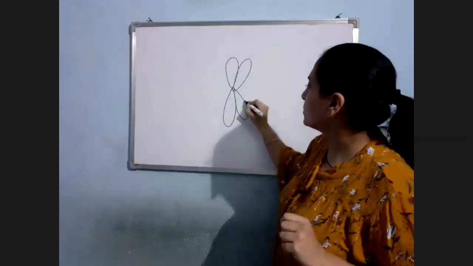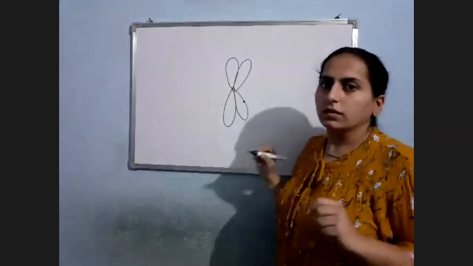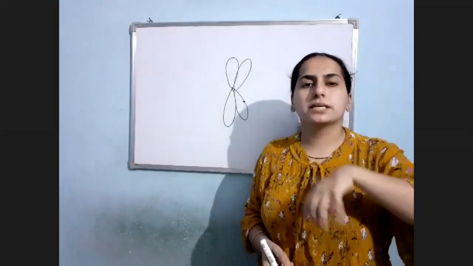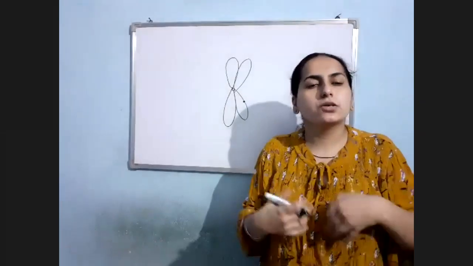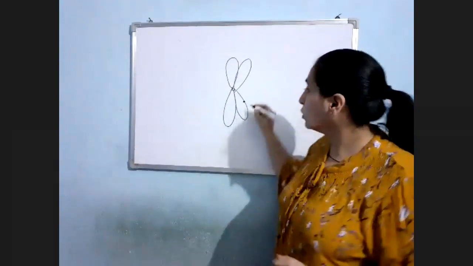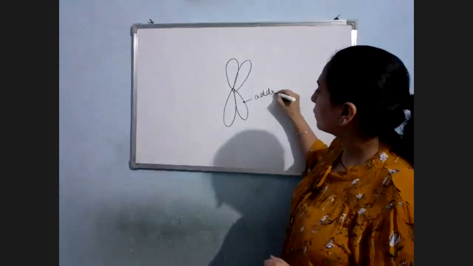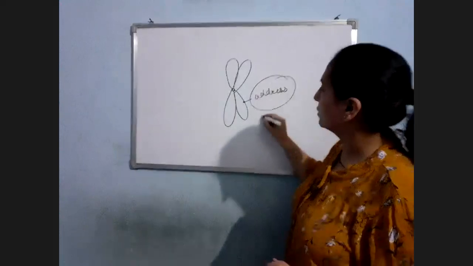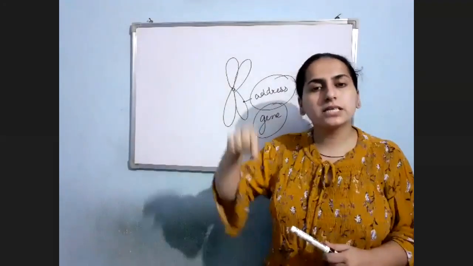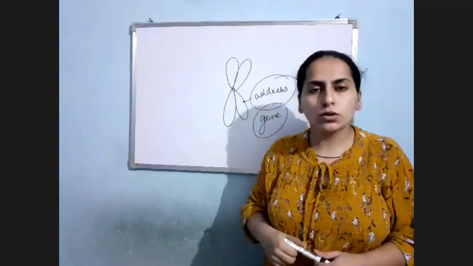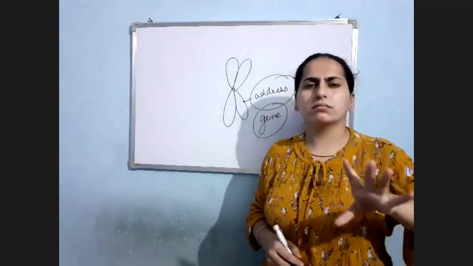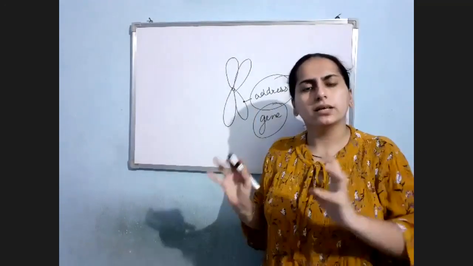Suppose a gene is present at this place. There would be a particular place where the gene will be present, so loci means the address of the gene, like we have our address where we live. So loci means the address of that particular gene. Am I clear? Loci means a fixed place on the chromosome where you will find the gene. Or basically, in the easiest way, it is the address of the gene.